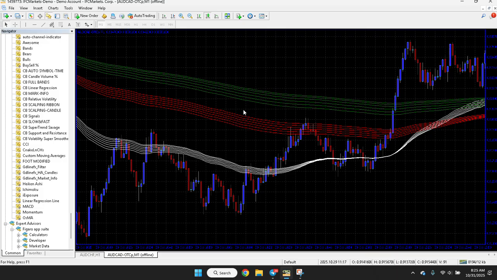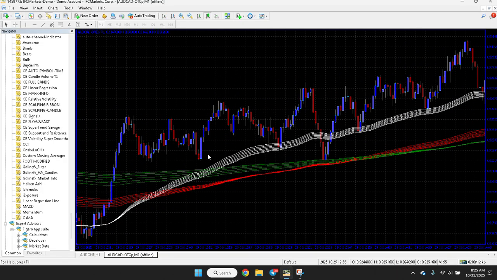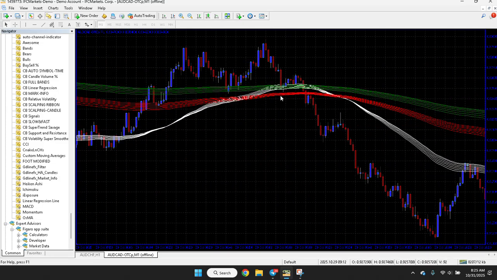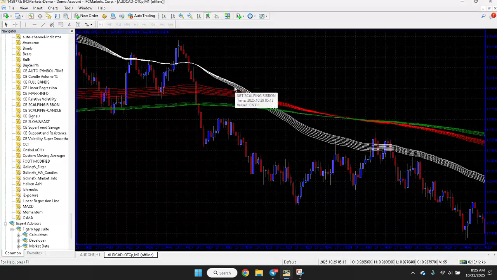Okay. But knowing where this line is, above or below these lines, really lets us know which way the market's going. Only in a little while, well, like right here where it's crossing, we don't really know what it's doing. So right here, when it's crossing, we have an idea it's going down, but we don't know for sure until it crosses.